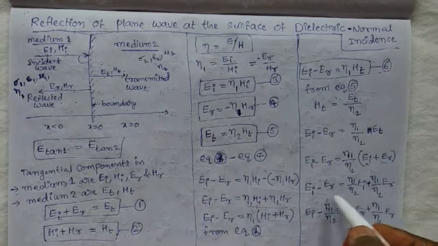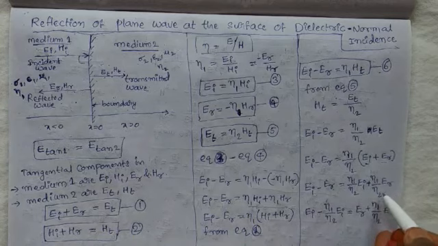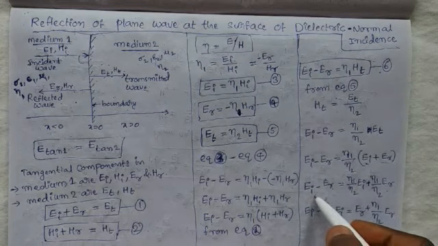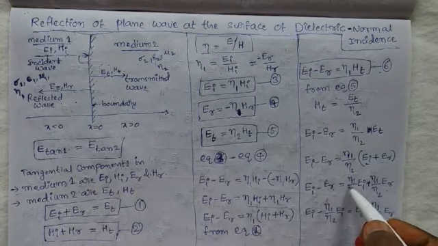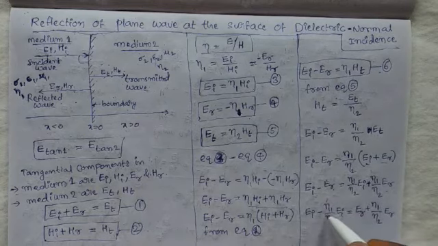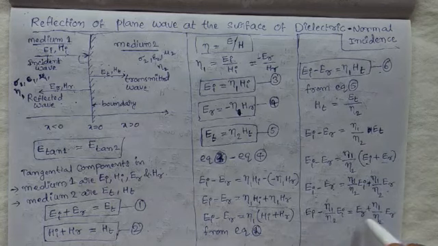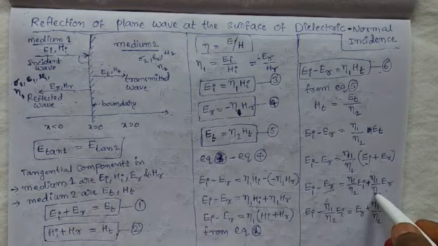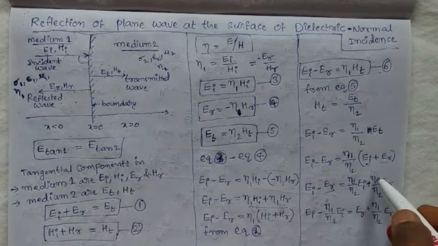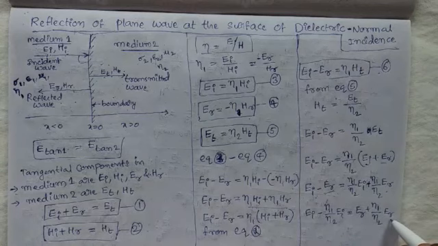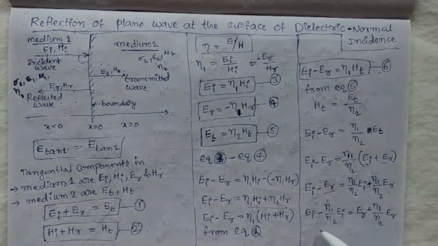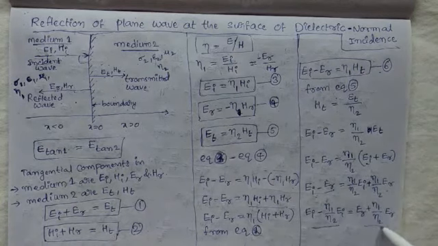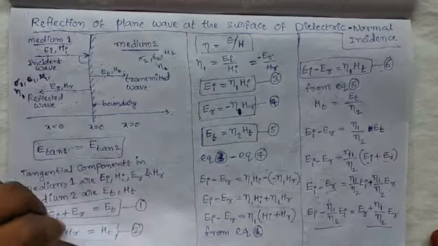Taking this term across, the plus sign becomes negative: EI minus eta 1 by eta 2 EI is equal to ER plus eta 1 by eta 2 ER. In the first term I take EI common, and in the second term I take ER common.